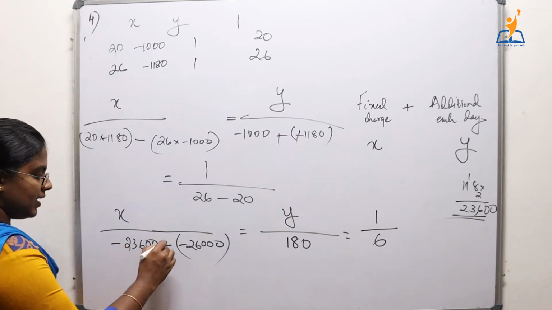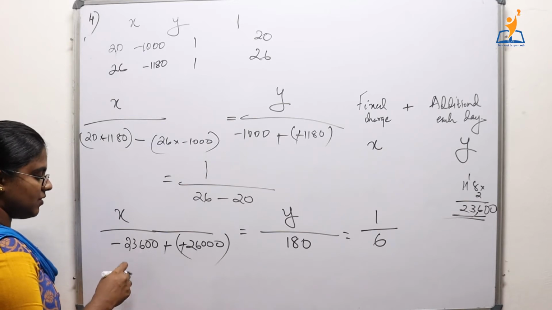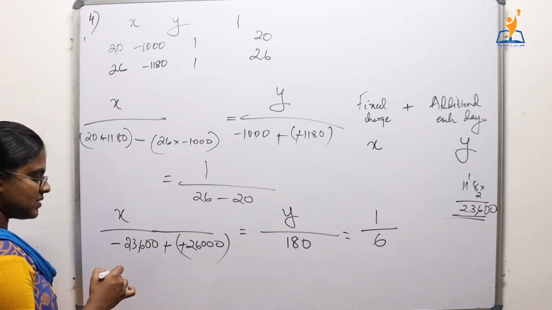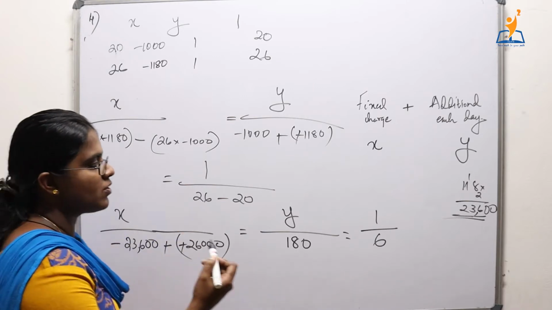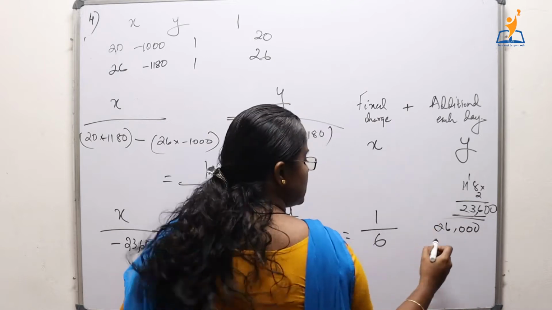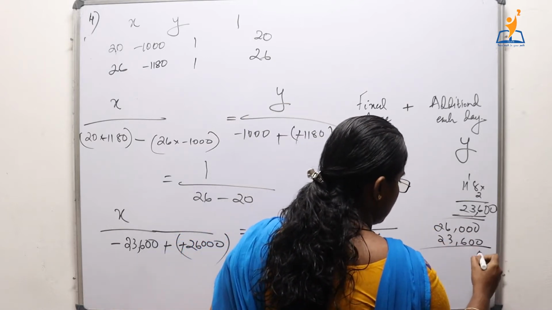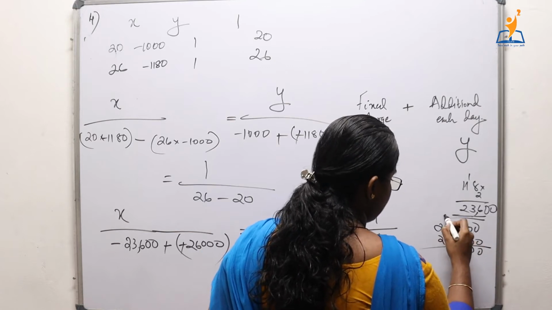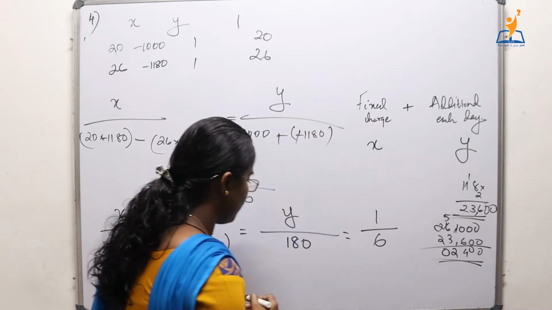So here we have plus and negative gets into positive. So minus 23,600 plus 26,000. So we want to subtract 23,600 from 26,000. So we have 2,400.